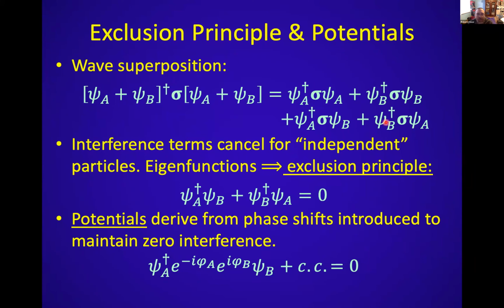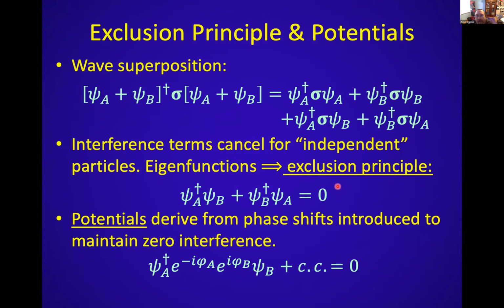So if you want to treat these as independent particles, you have to cancel out the interference. The interference has to be 0. And if these are spin eigenfunctions, or actually just one of them is a spin eigenfunction, that results in the exclusion principle. Basically these have to anti-commute.